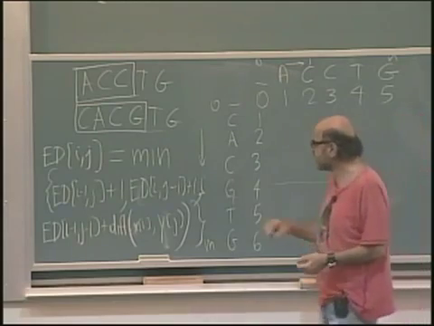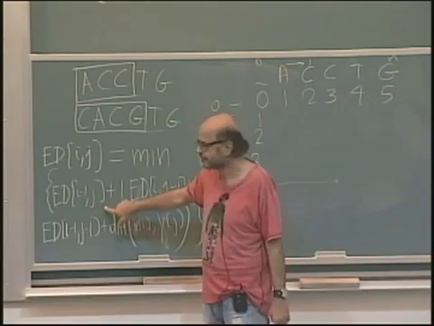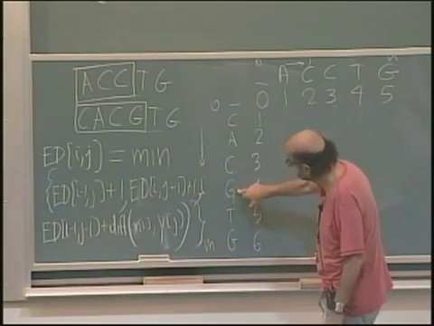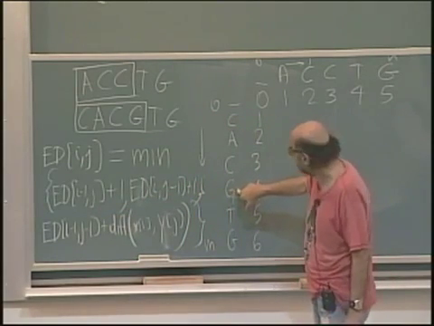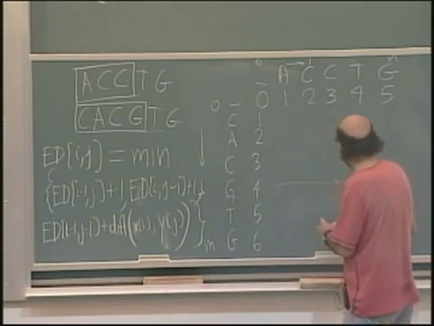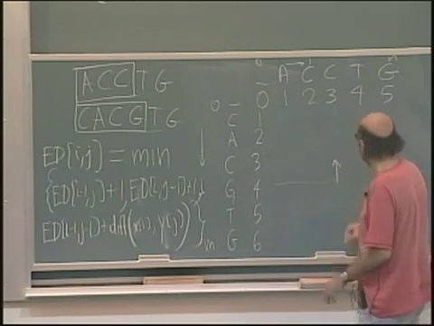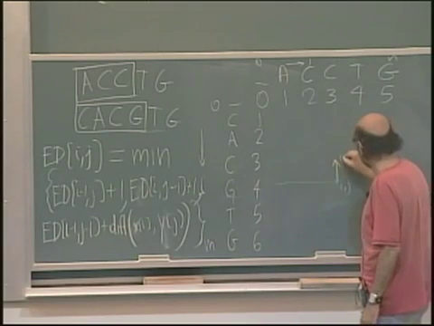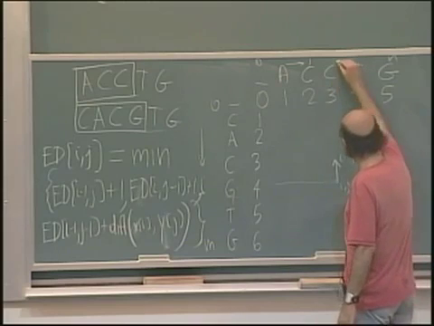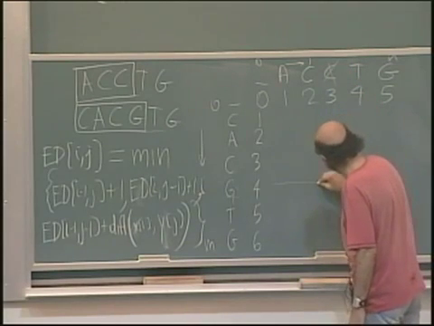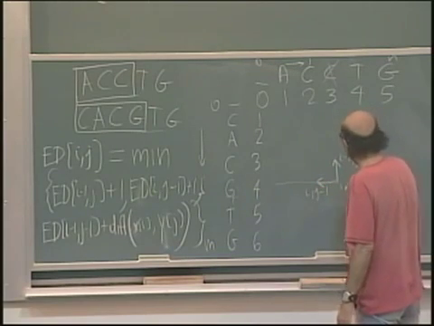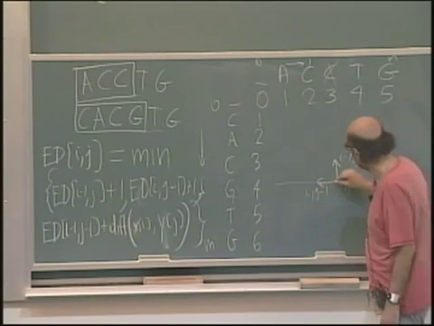Two ideas. Either this happens, what is this? This means that in order to do this, I had to delete g. So I look one up, i minus 1, j. Here is i, j, here is i minus 1, j. Or maybe I have to delete c, in which case I have to look here. There's a third.